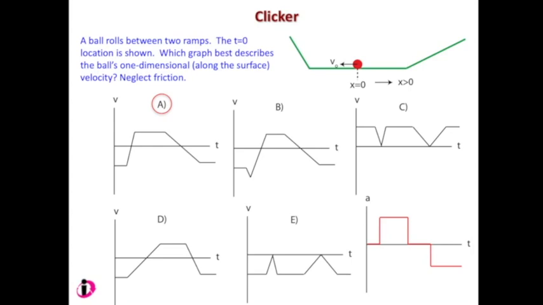So we know our velocity during that time goes from being negative towards 0, so increasing towards 0, and then through 0 and positive, right? That would be the ball stopping and turning back around and rolling back to the other side. It needs a positive velocity then.